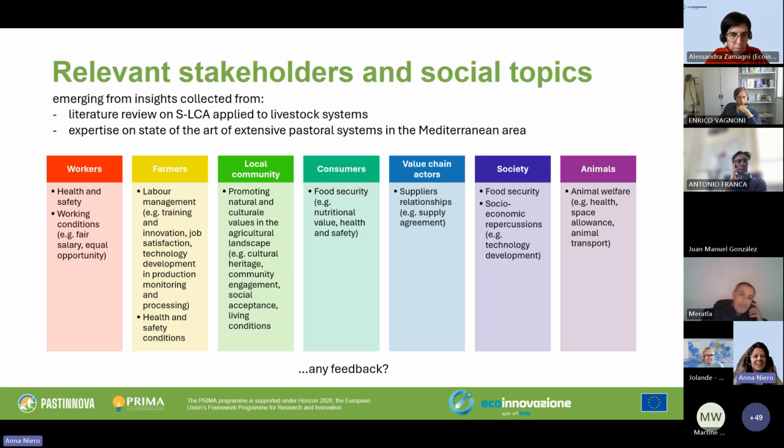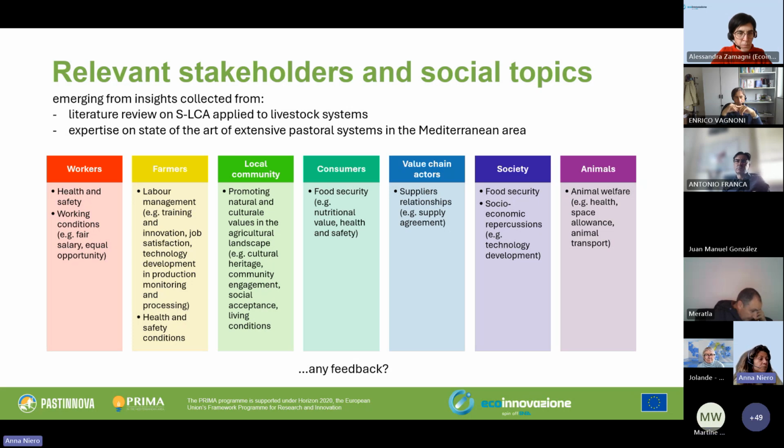So this is great for us, that we can somehow confirm what we found out. Probably we are missing here some details or additional aspects that you mentioned that I saw on the word cloud. So we will further analyze your comments so that we can integrate your suggestions into these social topics.